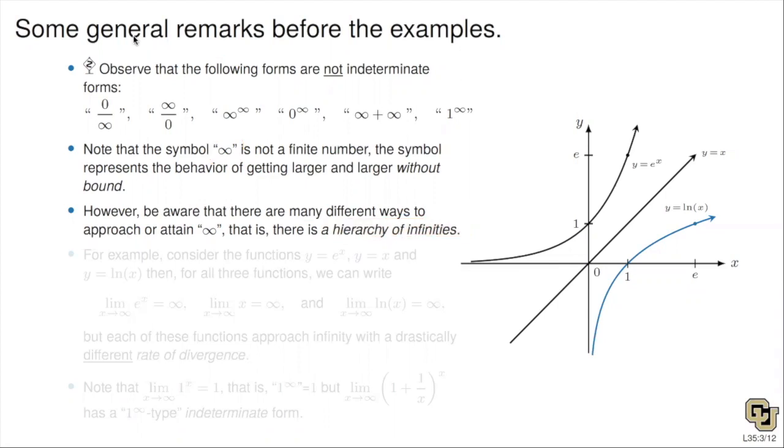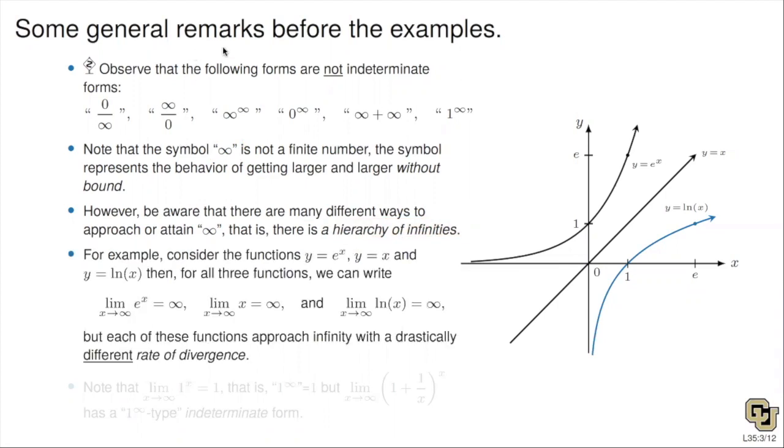It's weird. So for example, if you look at these 3 functions, the exponential function, y equal to x, and y equal to ln of x, if we take the limit, we can see the limit of all 3 functions goes to infinity. But they all do so in a drastically different way.